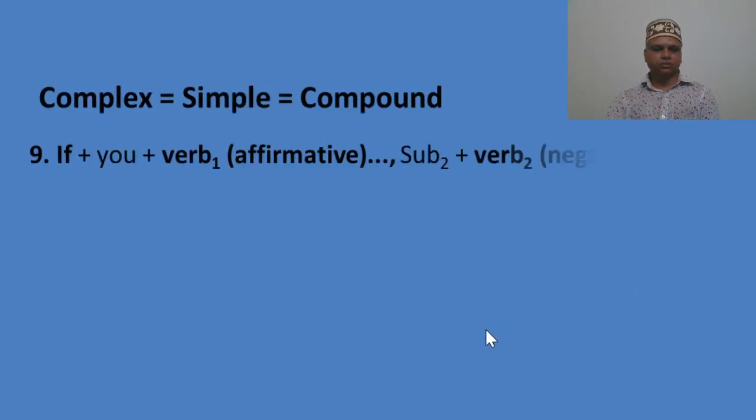Now the ninth rule, it is also a conditional sentence. Look at the sentence. If follows you, you will follow an affirmative verb, but the verb of principal clause is in negative. So the verb of if clause will be in affirmative, the verb of independent clause or principal clause will be in negative.